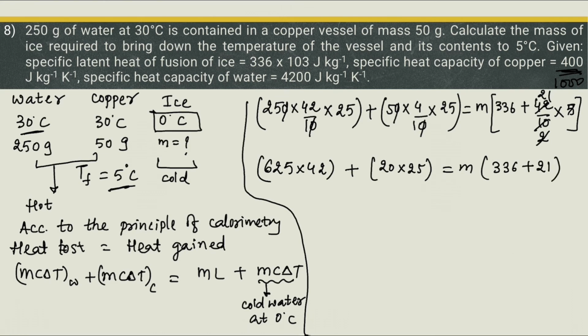So once again now you will have to use your mathematical skill to figure out what will be the answer of m, and that is 74.93 gram. Okay, 74.93 gram.